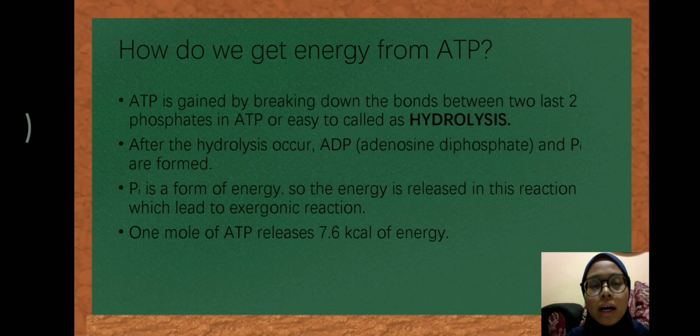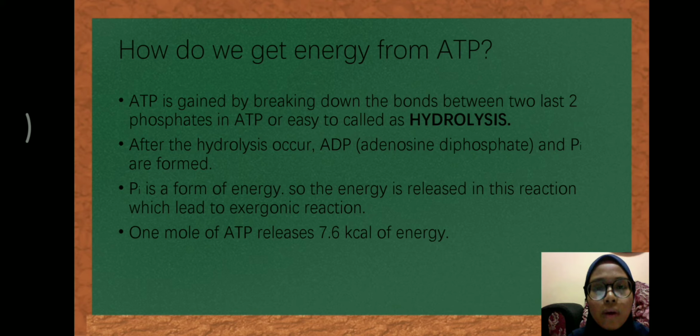Hydrolysis is the addition of water. After the hydrolysis occurs, ADP or adenosine diphosphate and phosphate are formed. So ATP will be added with water, and it will produce ADP and phosphate, which means one phosphate is lost from triphosphate to become diphosphate.